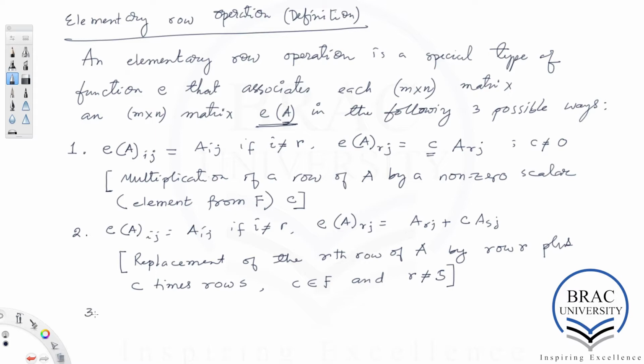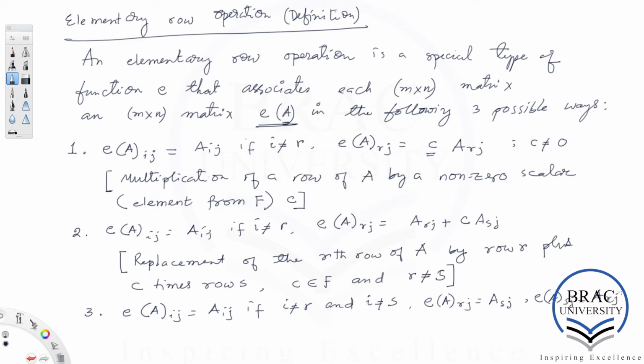Okay, so the third operation is that of interchange of two rows of the given m times n matrix A. It tells us that E of Aij is equal to Aij as before if I is not equal to R, and of course we also want I to be unequal to S, and E of Arj is equal to Asj, and E of Asj is equal to Arj.